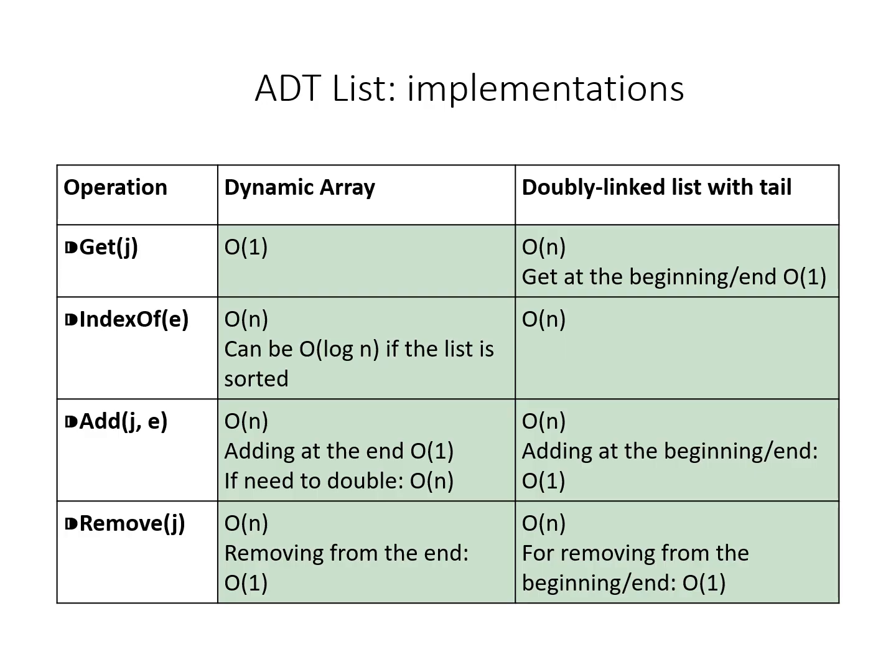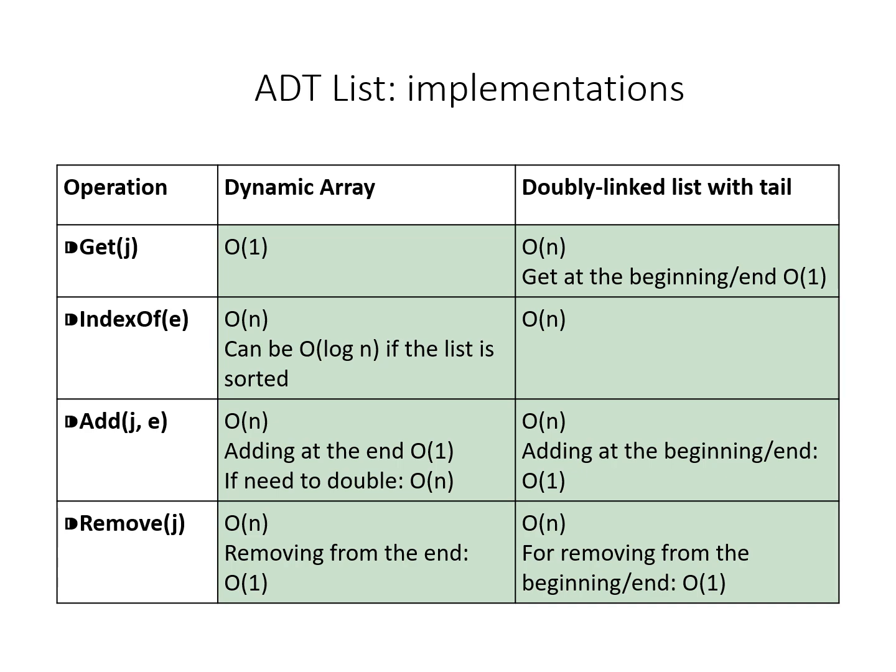Adding element at position j in general takes big O of n operations in both cases. Adding at the end of the array can be cheaper and can be done in time big O of 1, except the case when we need to double the capacity.